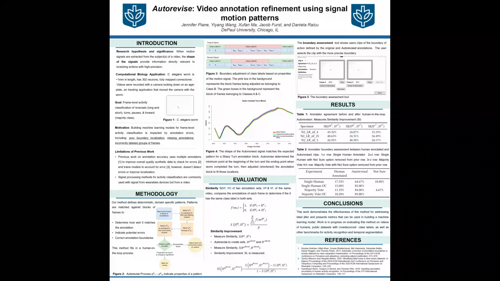Figure 4 shows this method applied to a signal for the sharp turn action. There are 3 signals that represent the same Y location on the graph, but have been slightly shifted to highlight the revision that has been made. The green line represents the subsignal originally annotated as sharp turn, and the blue line represents the subsignal where the labels were auto-revised. This method works well in a human-in-the-loop process.